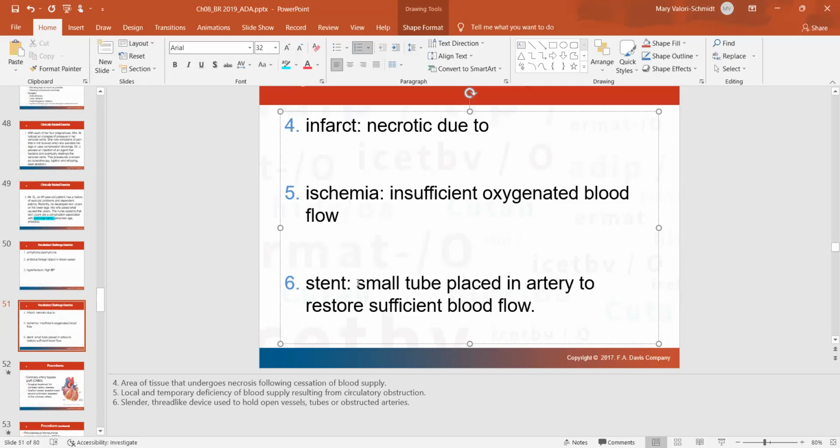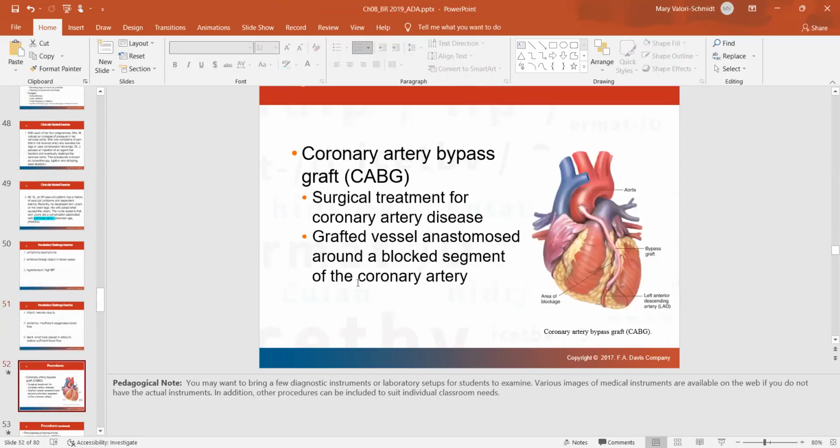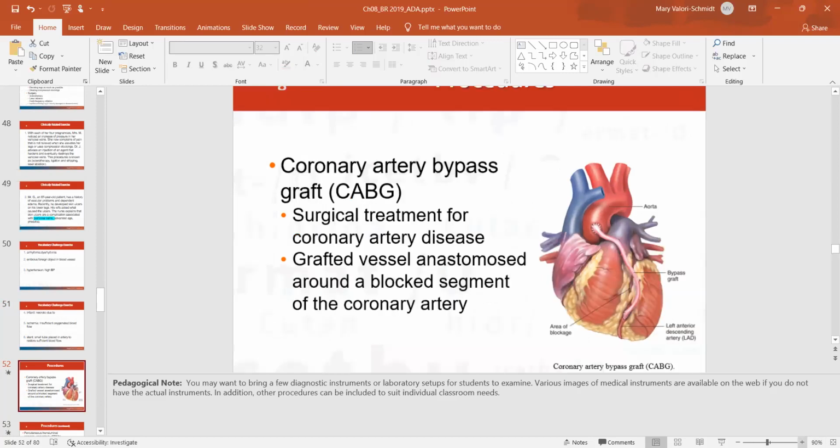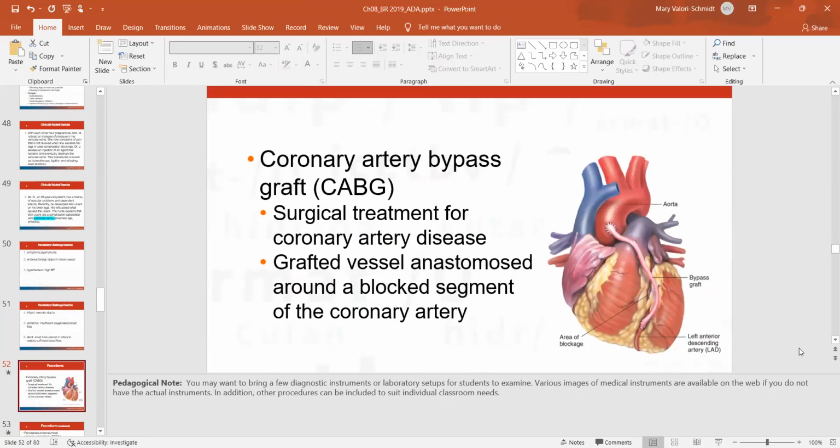There we go. And then CABG. Like I said earlier, I basically already explained this, but we'll go over it briefly. If this artery is blocked, and this is a nice little picture here, let me make it a little bit bigger. Left anterior descending, remember that's the widowmaker. There's a blockage up here in that left anterior descending.